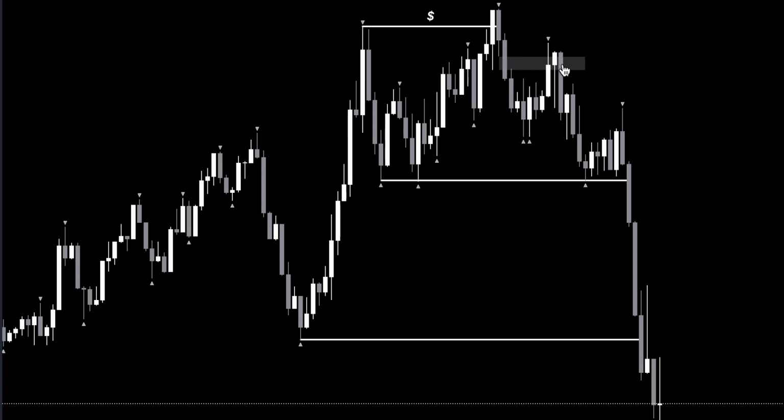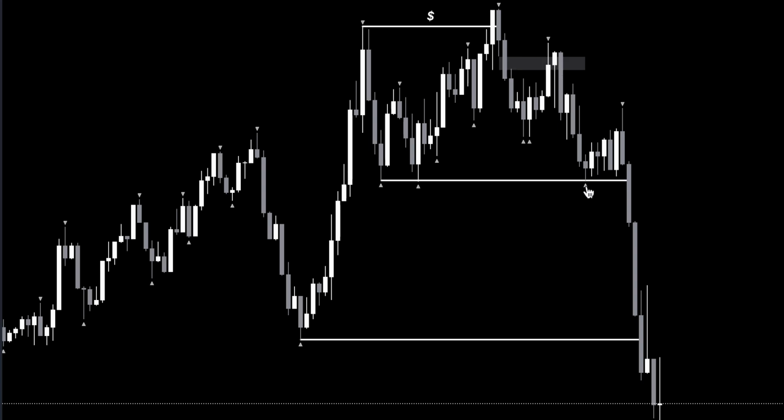After the displacement, we get a retrace into that area and rebalance the order books. We went from price moving too quickly to repricing and rebalancing, and then we start getting a push to the downside.